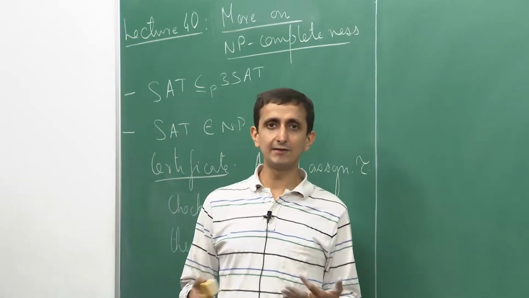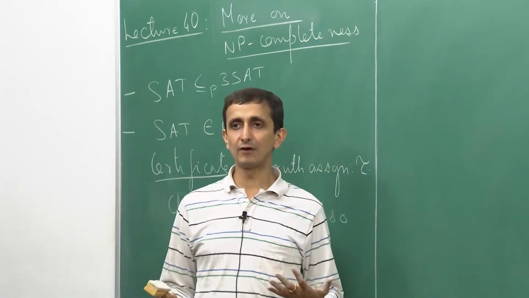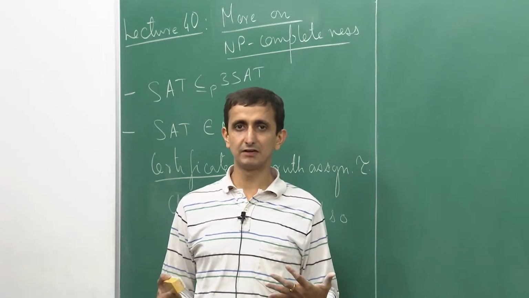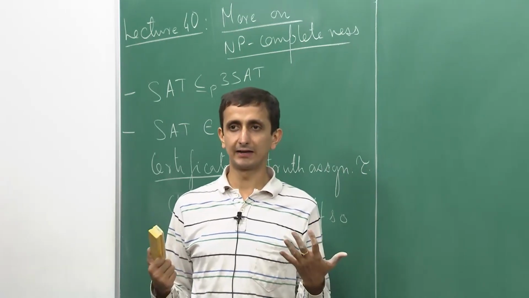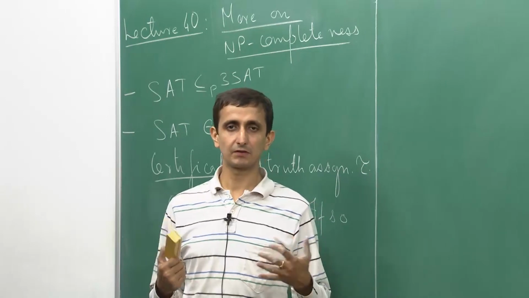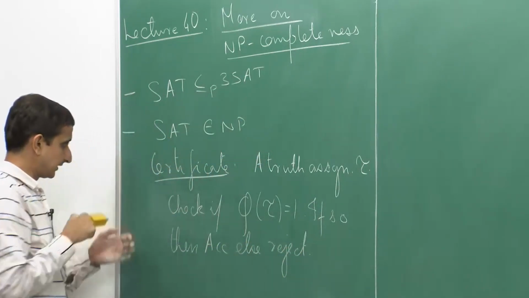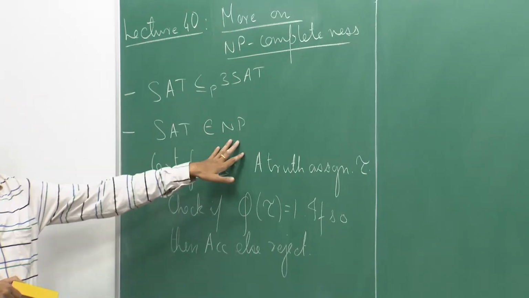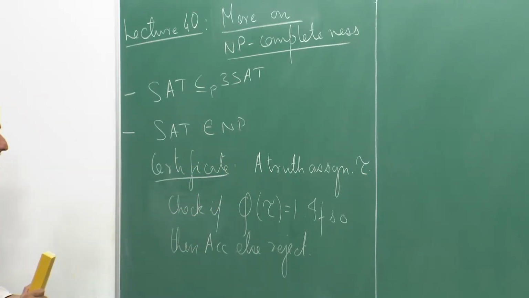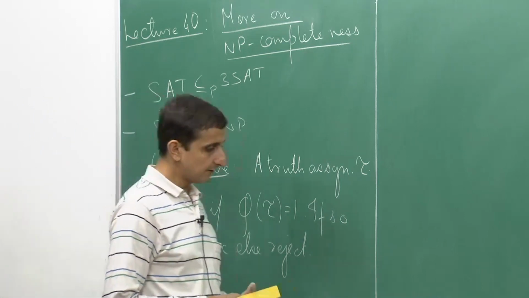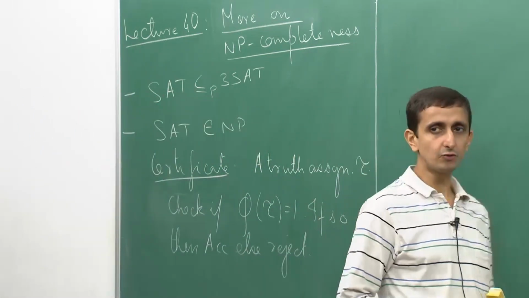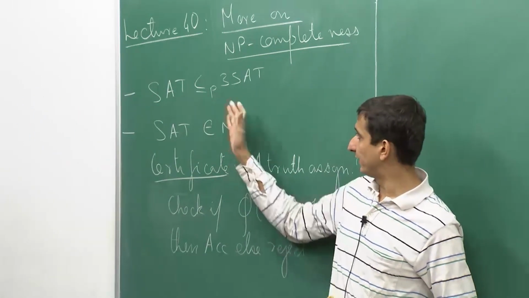So, if the formula has n variables, there will be 2 to the power n many assignments, but that is not in polynomial time, that is exponential time. Okay. So, that is not an efficient algorithm. So, but this gives an efficient NP algorithm at least. So, this approach.